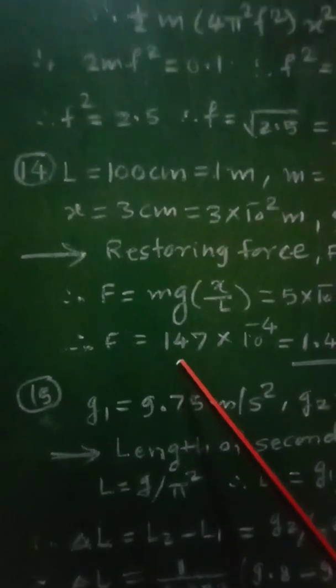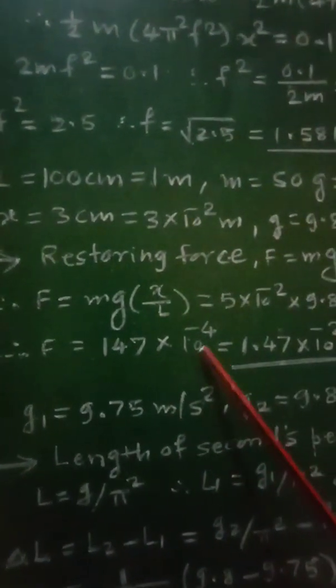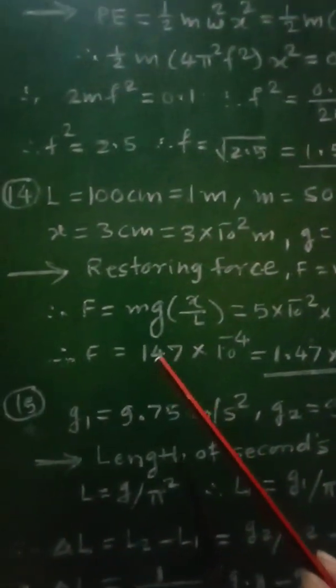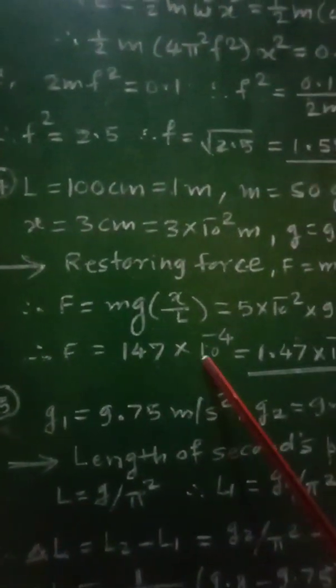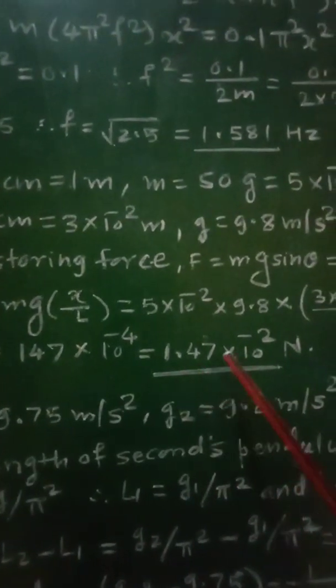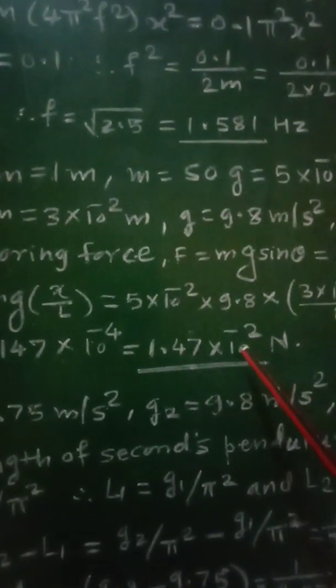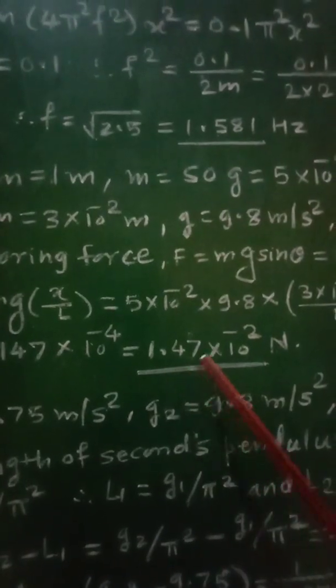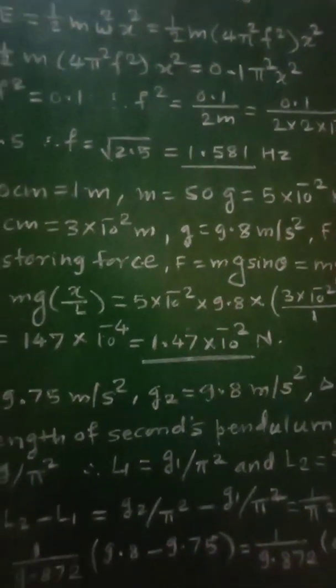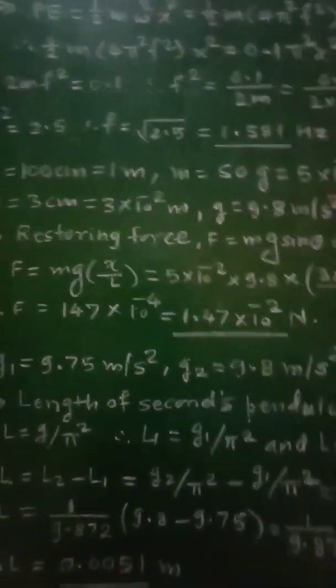Now F will be equal to 147 into 10 raised to minus 4. If you calculate all this product, then it comes out to be 147 into 10 raised to minus 4, which will be equal to 1.47 into 10 raised to minus 2 Newton. That will be the value of restoring force.